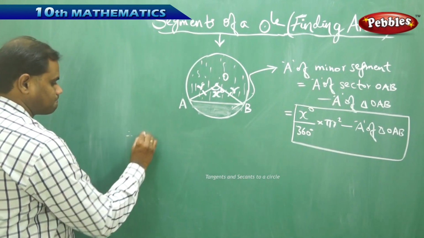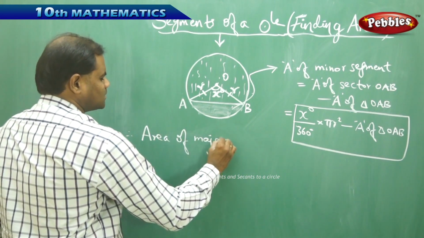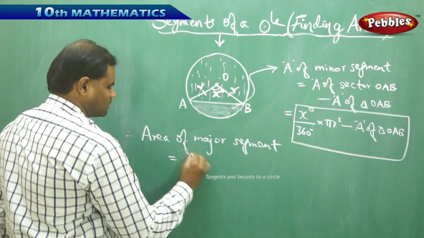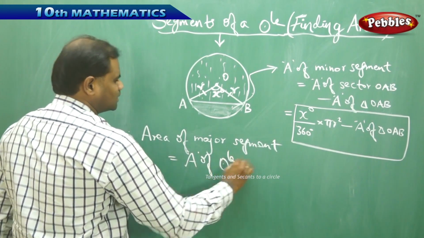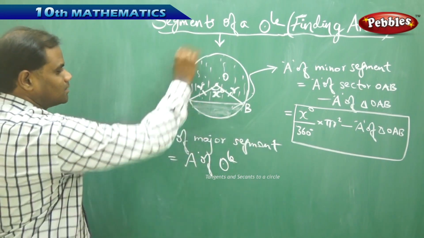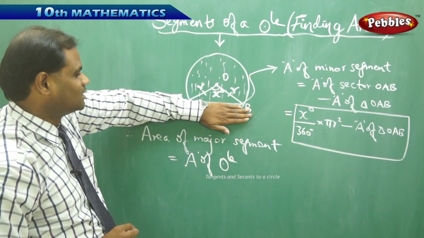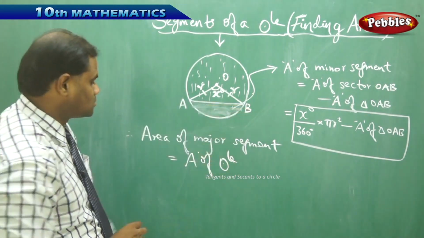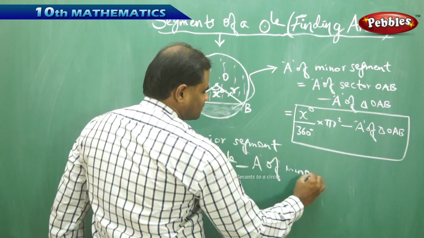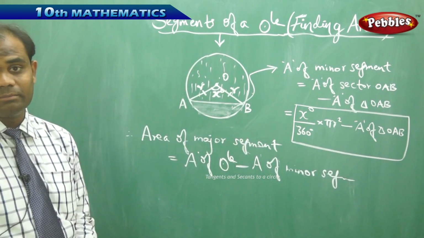Therefore, area of major segment is given by the formula area of the whole circle, the entire circle, minus the minor segment, because this removed from the entire circle gives me the major segment. So area of circle minus area of minor segment is what gives me area of major segment.